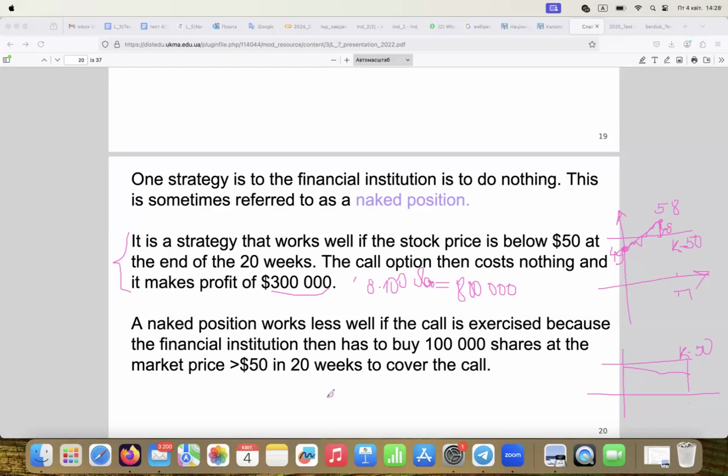So summary, if we have a naked position and we do nothing, there are two scenarios, and in one scenario we have a loss, and in the other scenario, if the price is less than K, we have this profit. Okay.